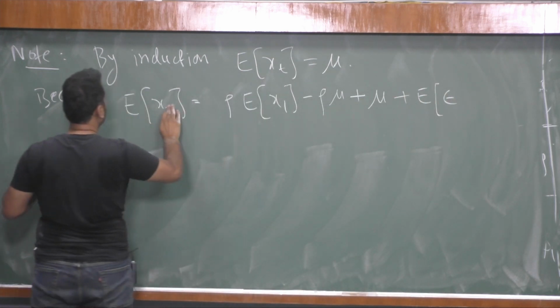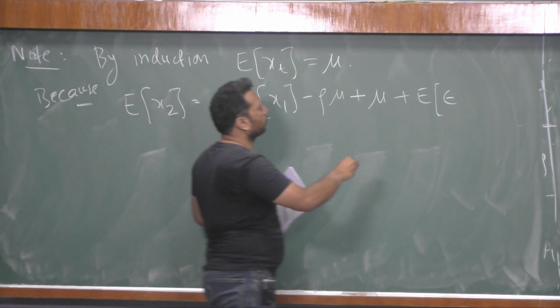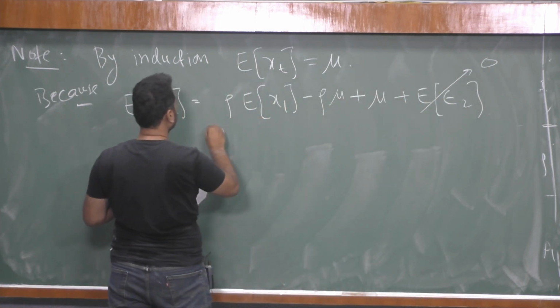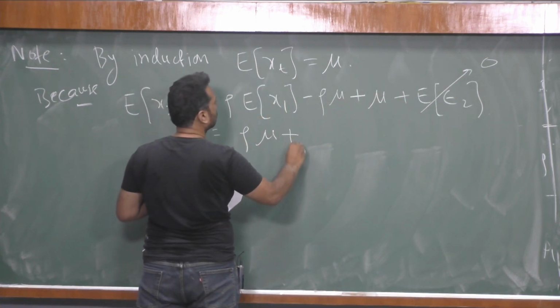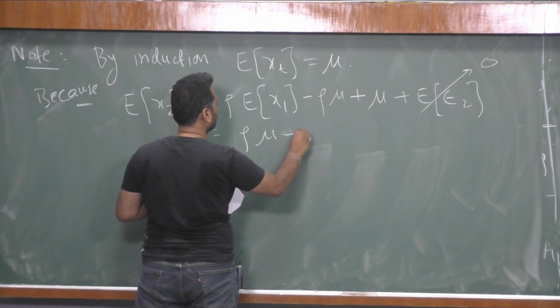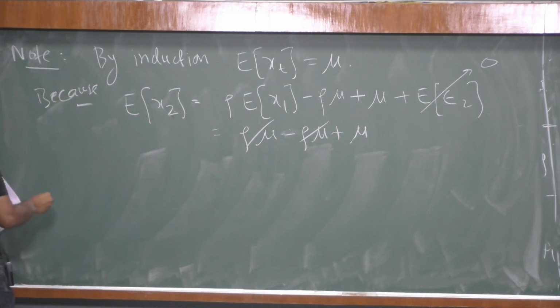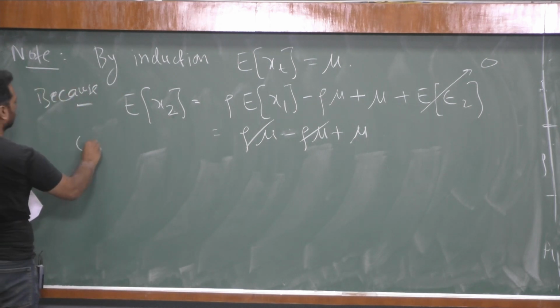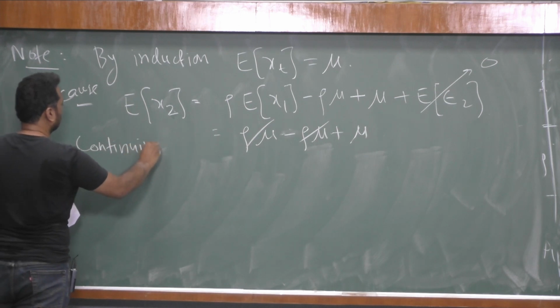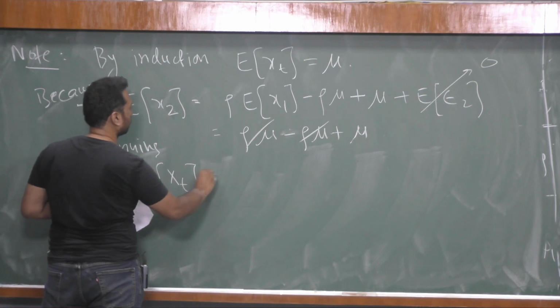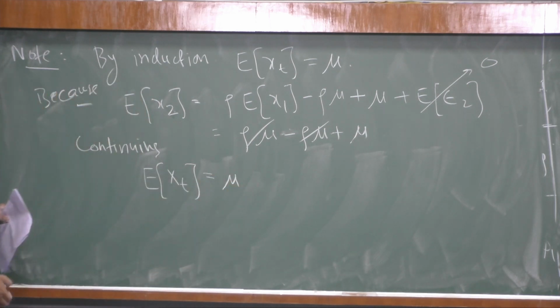So let us say this is 2, we are starting from 2. So continuing this way, by induction we claim that expectation of xt is mu.